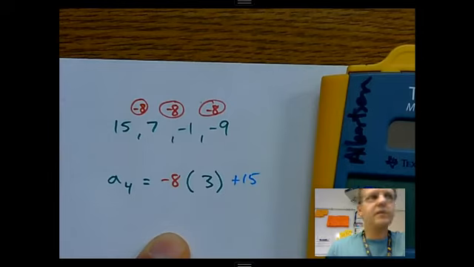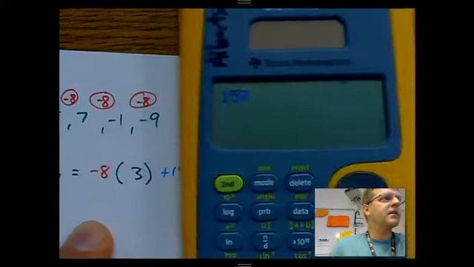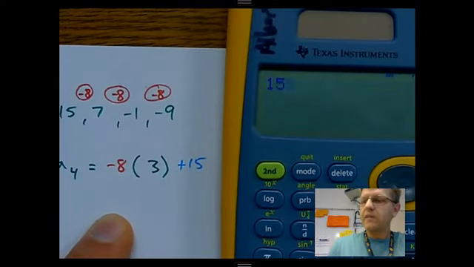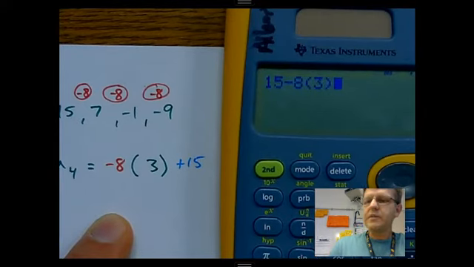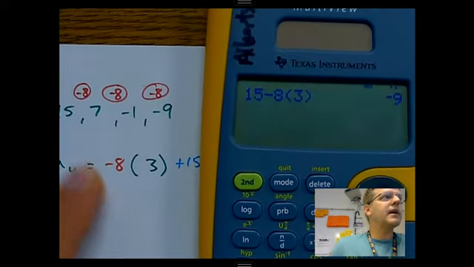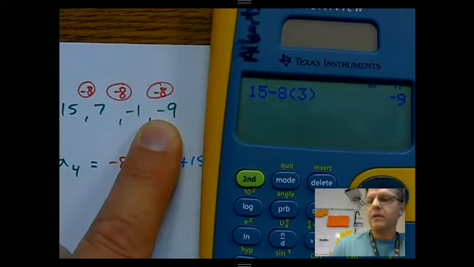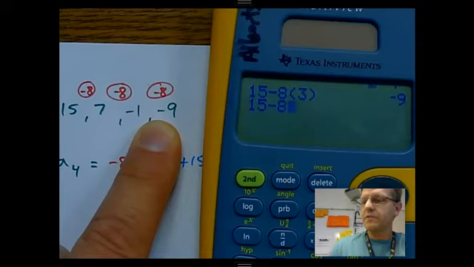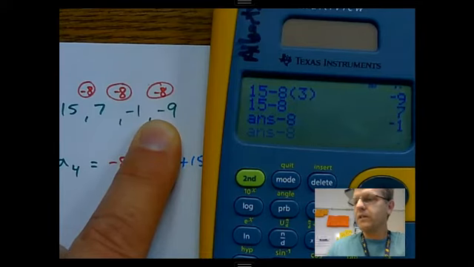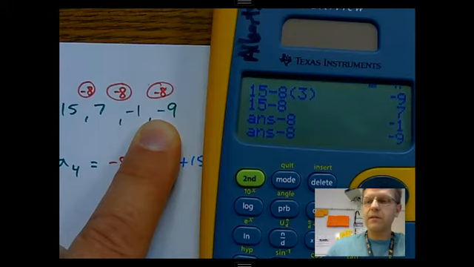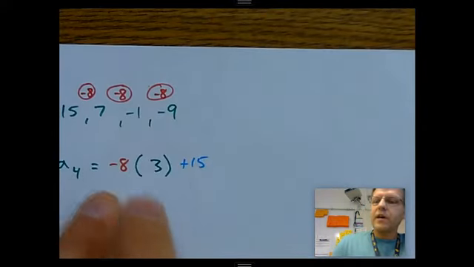Starting with 15, and I'm subtracting 8 3 times. And I get -9, just what we expected it to be. Or let's do it differently. 15, subtract 8. Here I subtracted once, subtracted twice, subtracted 3 times. Right? Okay. So that's what this is saying.